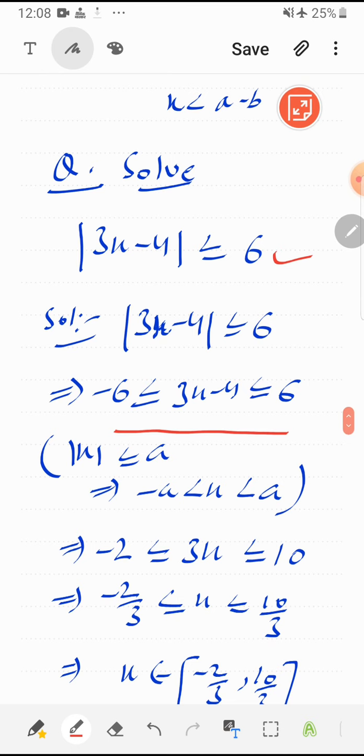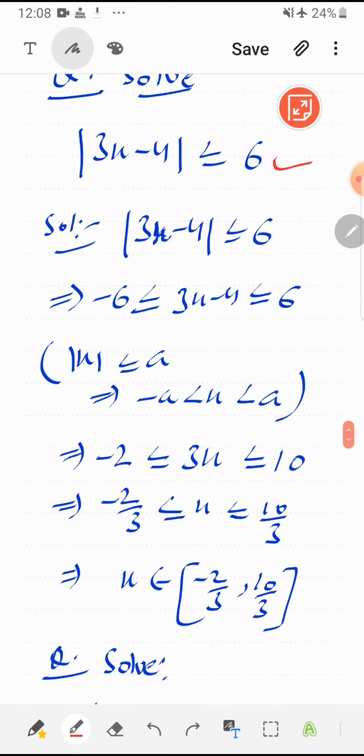Now obviously I have to remove minus 4, so I will add 4 to the inequality, so that it becomes minus 2 less than or equal to 3x less than or equal to 10, and finally I am dividing this by 3, because I have 3x and there should be x only. So we are left with the closed interval minus 2 by 3 to 10 by 3.